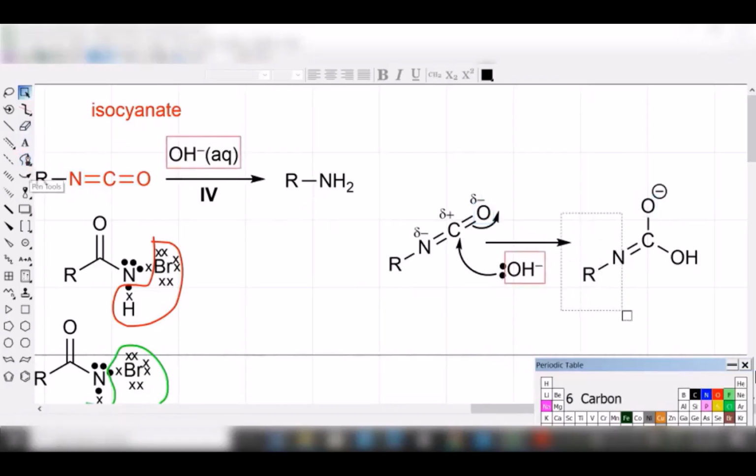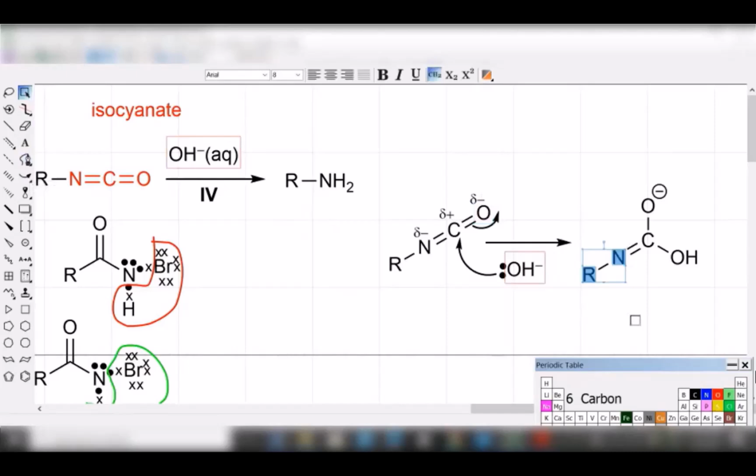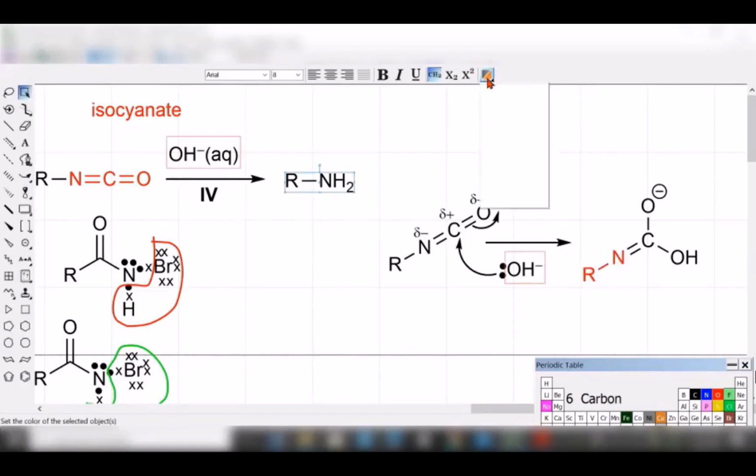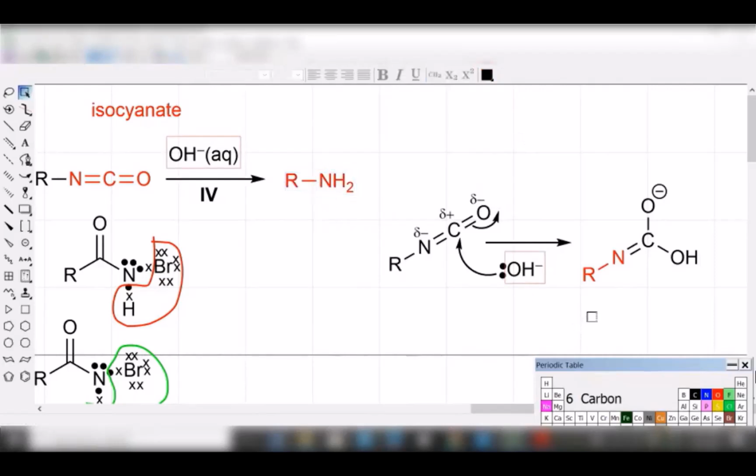Do you realize that this part resembles the RNH2?